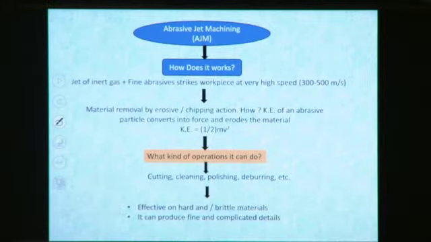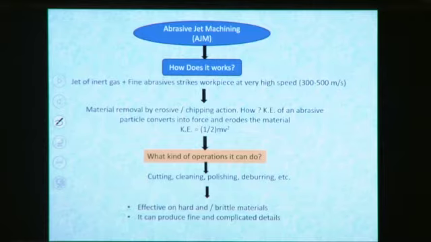When thousands of craters are generated by thousands of abrasive particles hitting per second, after some time it will take the profile of the cross section area of the nozzle. So it will make a hole, or do the machining operation on the workpiece surface.